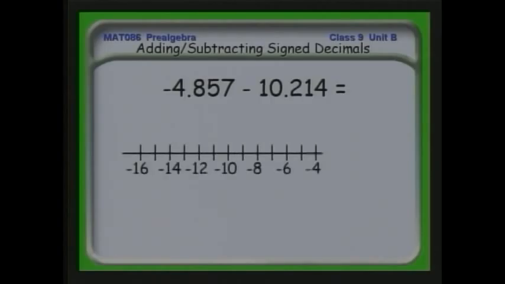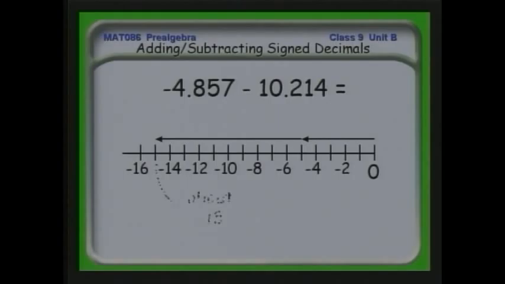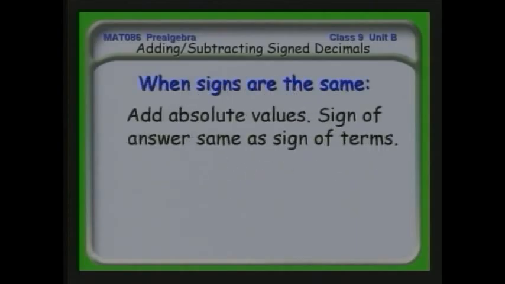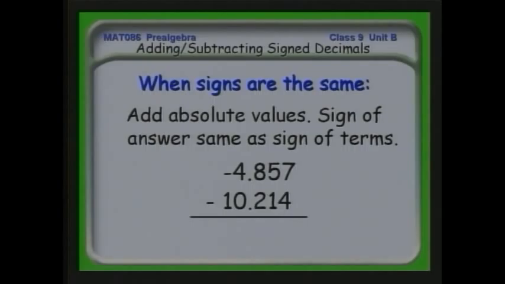What about when the signs are the same? We go, first of all, 4.8, almost 5 to the left on the number line, then another additional 10.2. We're going to wind up somewhere around 15. When the signs are the same, we just add the absolute value and keep the sign that we started with.